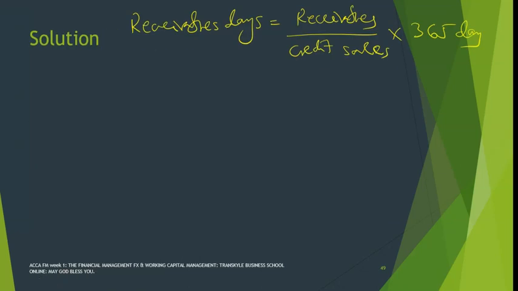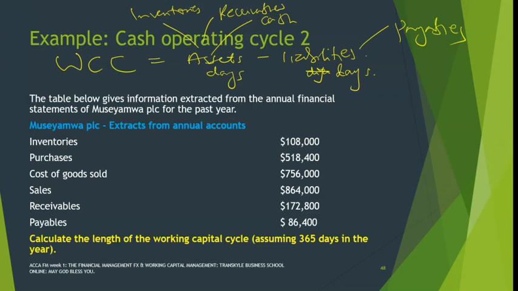So in this case, the receivables were how much? Receivables were 172,800, and the sales now, we want the credit sales, but we can safely assume that these sales were credit.